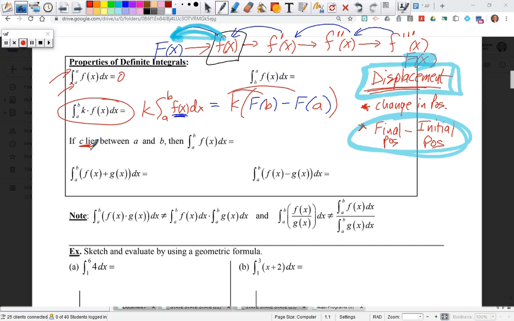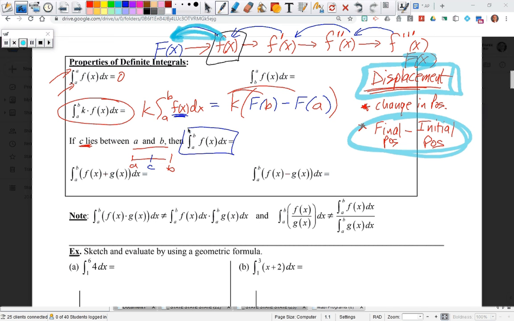C lies between A and B. So how can I write this? If C lies between A and B, how else could you write what I just boxed? Go ahead.